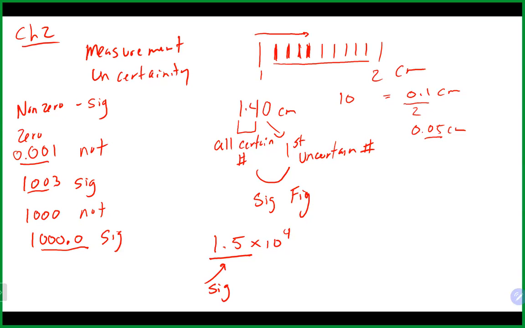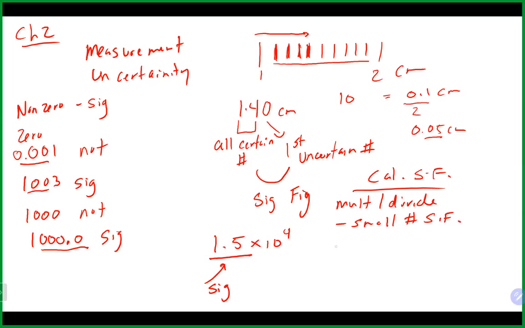We also talked a lot about calculations and sig figs. And remember, the two main things that we do is we either multiply or divide. And here we look at the smallest number of sig figs is what your answer should have.